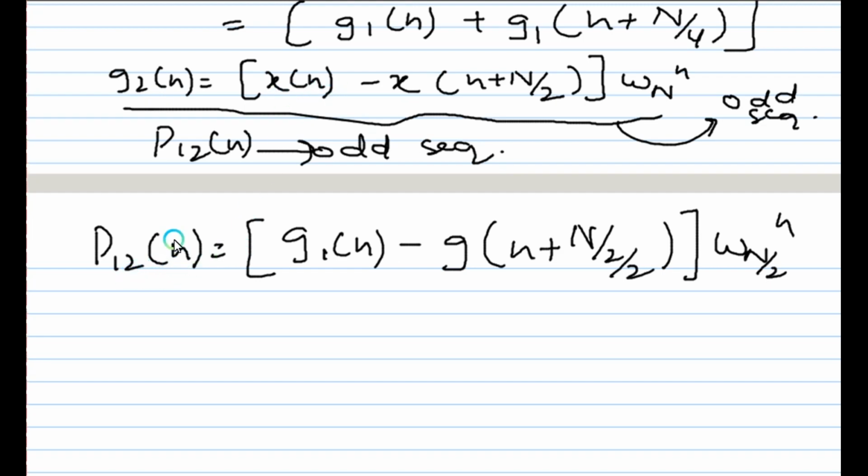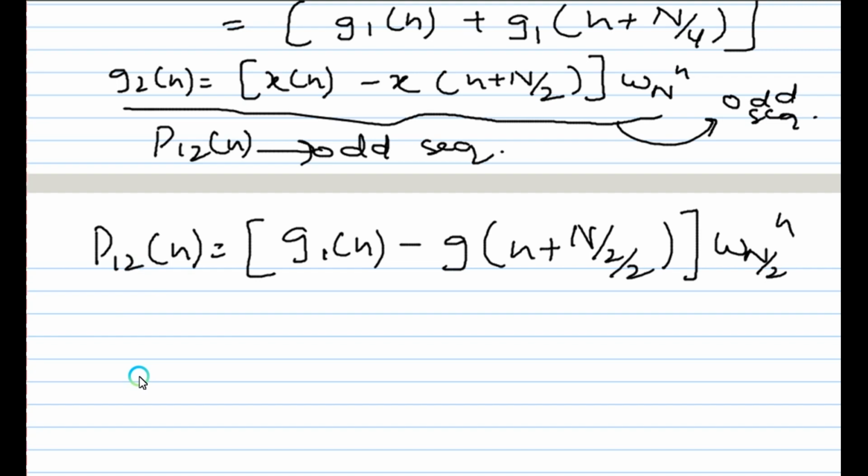Here p12 of n is an odd sequence subdivision of g1 of n, so g1 of n is written. There x of n plus N by 2 is written, so here I write g1 of n plus the number of samples in g1 of n divided by 2, that is N by 2 divided by 2. And in g2 of n we had W_N to the power n, where N was taken as the number of samples in x of n. So here N will be taken as the number of samples in g1 of n, that is N by 2.